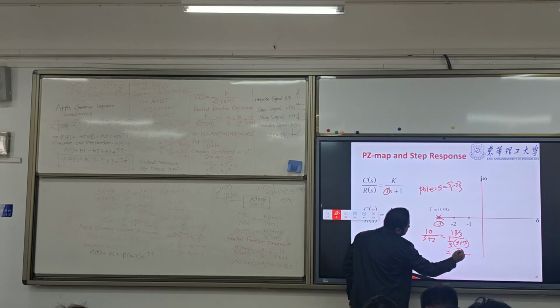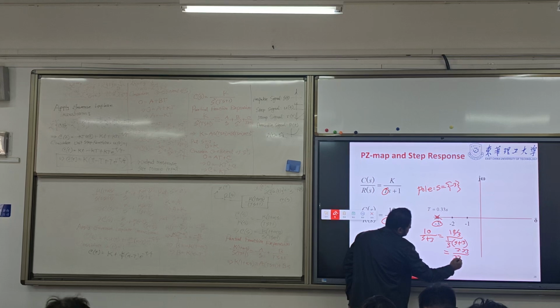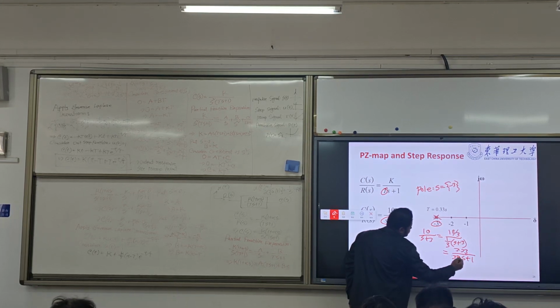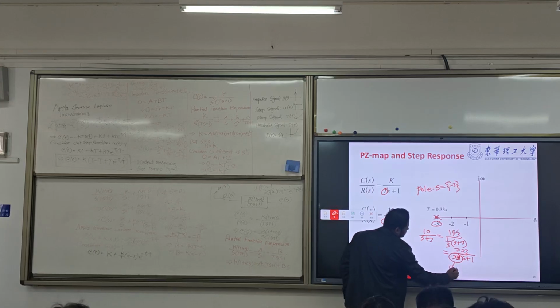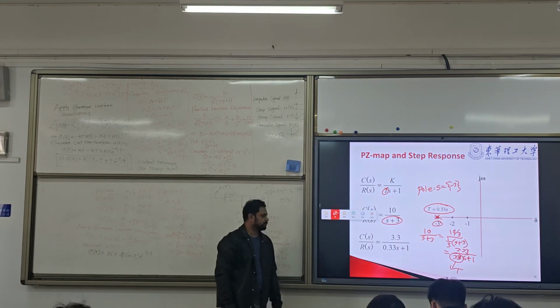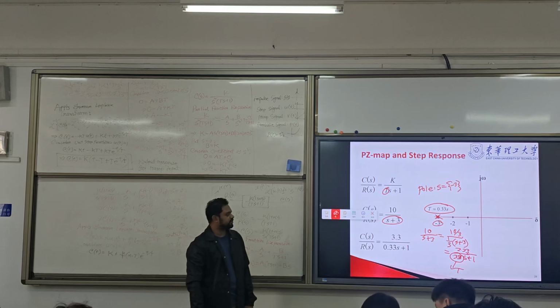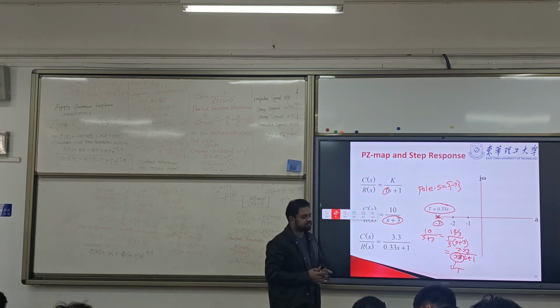So this is 3.33 by 0.33s plus 1. So T here is 0.33. So that's how you draw the pole zero map with time constant.